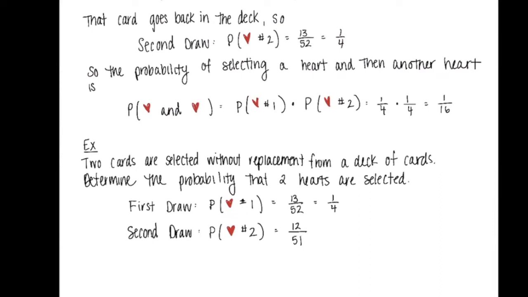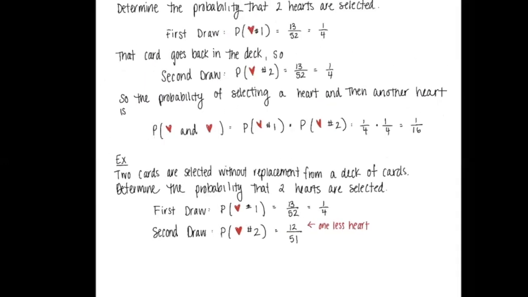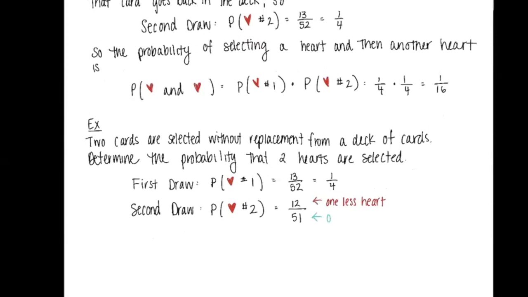So here we have 1 less heart to choose from, and we also have 1 less card. Because at this point, this card gets removed, or this card is now gone.